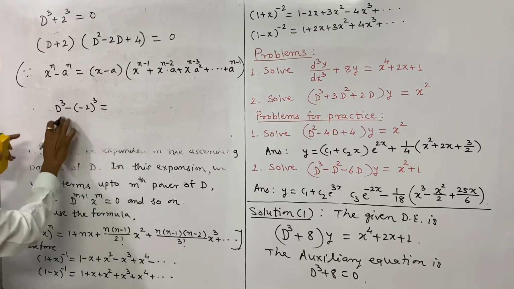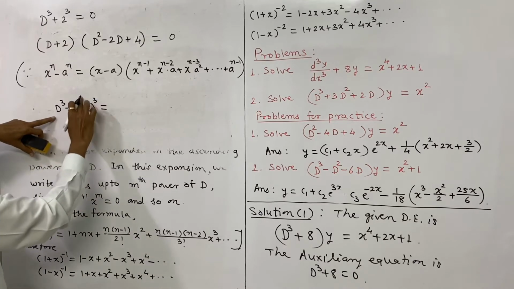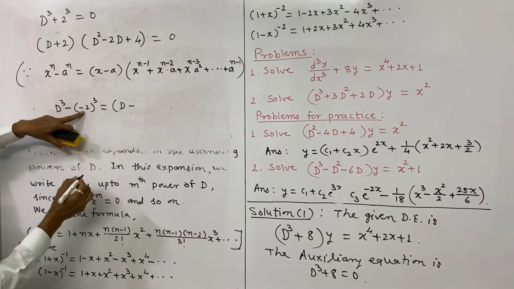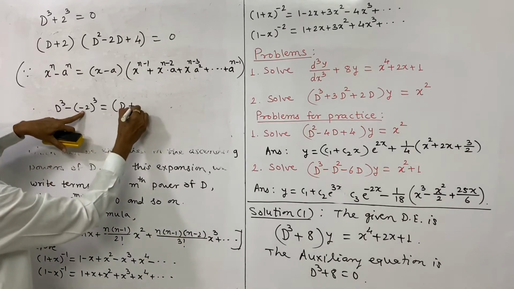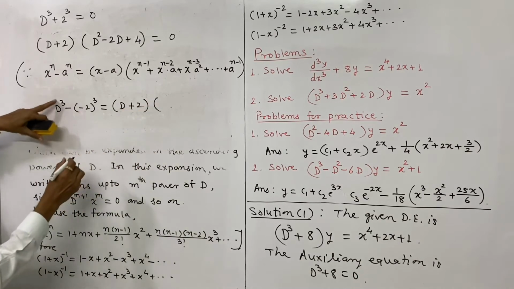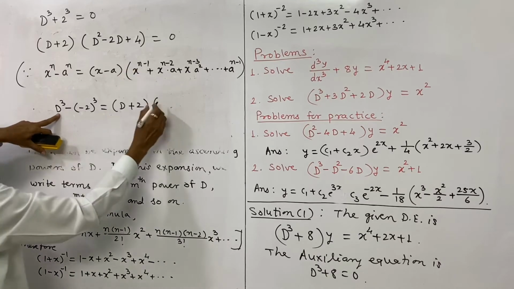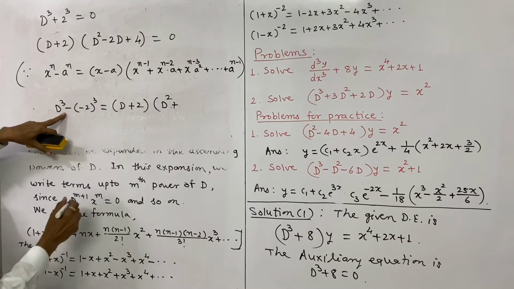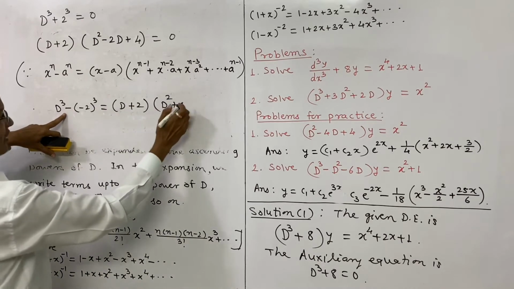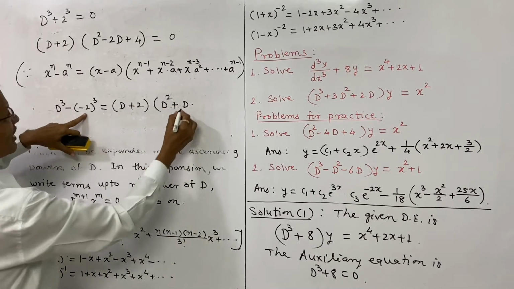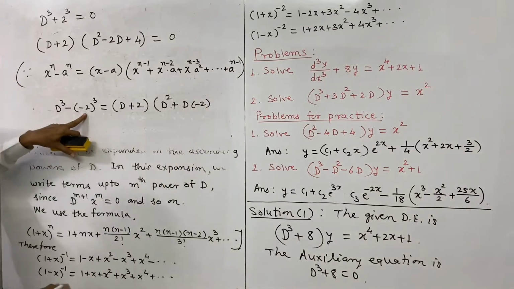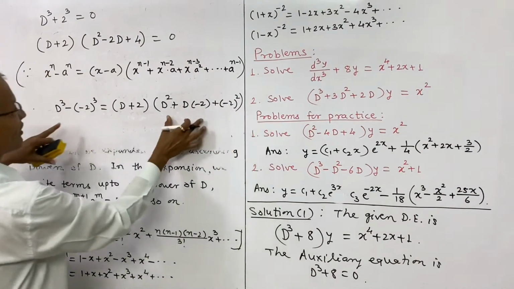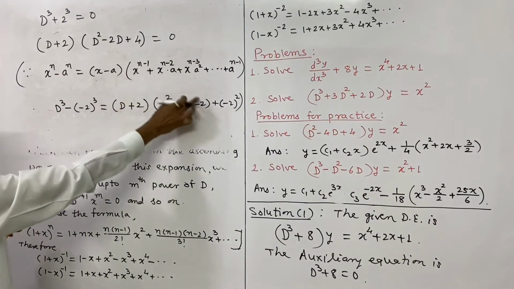Then the first factor is x minus a, where x is D and a is minus 2, so the first becomes D plus 2. The next is D square, plus D into a, which is minus 2D, and further minus 2 square. So this is D square minus 2D plus 4.